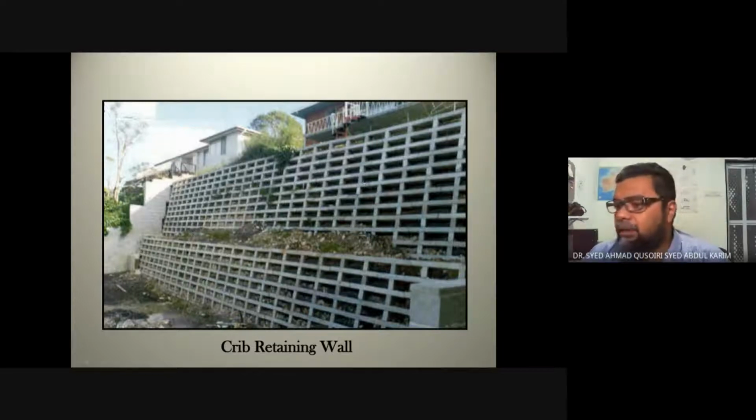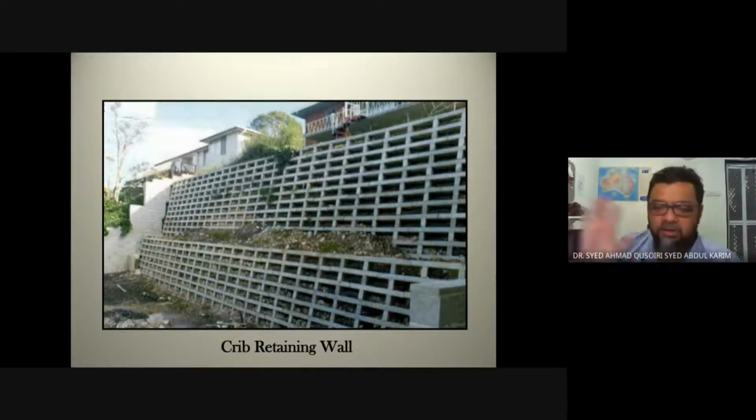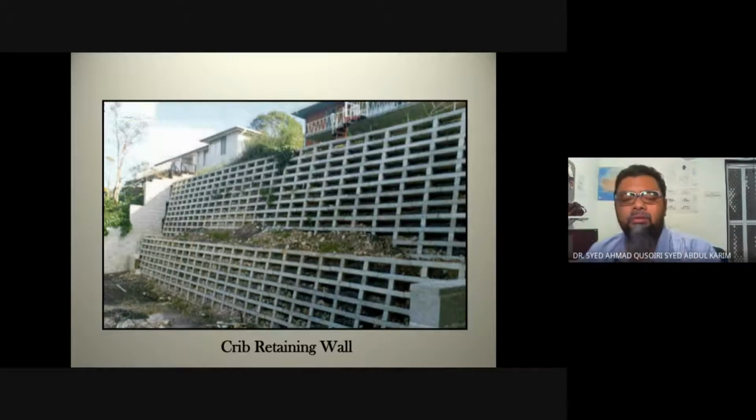It's just that the gabion wall uses steel wire boxes. The crib retaining wall uses that skeleton, the concrete crib, to hold the material inside it. The material is normally granular material.